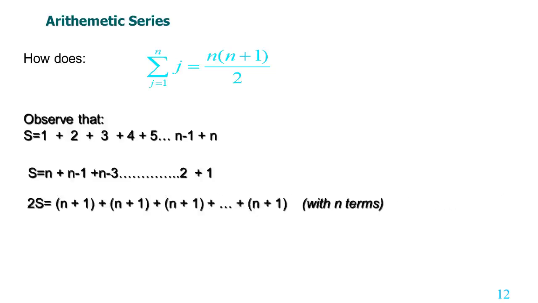The sum of the series on the LHS will be 2s, and on the RHS it will be n plus 1, n plus 1, n plus 1, with n terms. So it will be 2s equals n into n plus 1. Therefore s is equal to n into n plus 1 divided by 2. Hence we derive the formula.